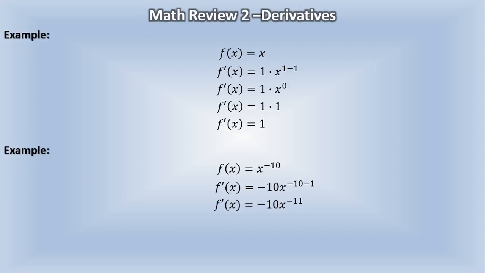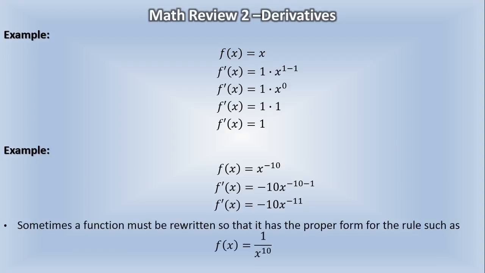Sometimes the function must be rewritten so that it has the proper form for the rule to be applied. So if you have some function 1 over x raised to the 10th power, this is equivalent to what? x raised to the negative 10th power, from the property of exponents that we went over on Thursday. If you don't remember those, go through them, please.